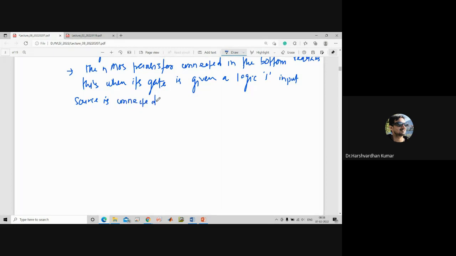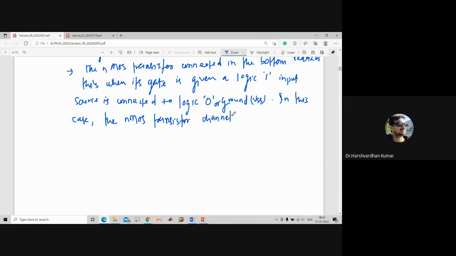So what will happen in this case? Ground means VSS. Because there will definitely be a channel for a voltage greater than 0 for NMOS, the NMOS transistor channel will simply act as a wire.